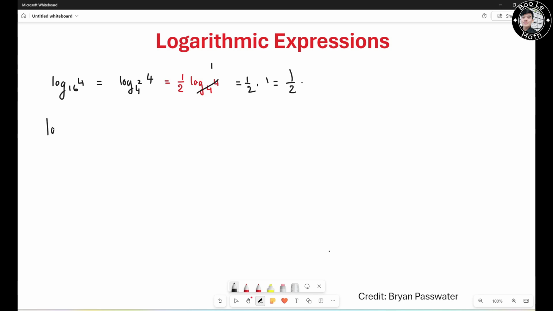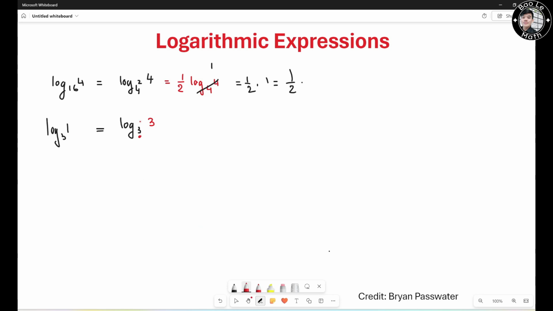Now, log base 3 of 1 equals, so we rewrite this as log base 3. Now we look at this one, we see 3 right here, we put 3 right here.